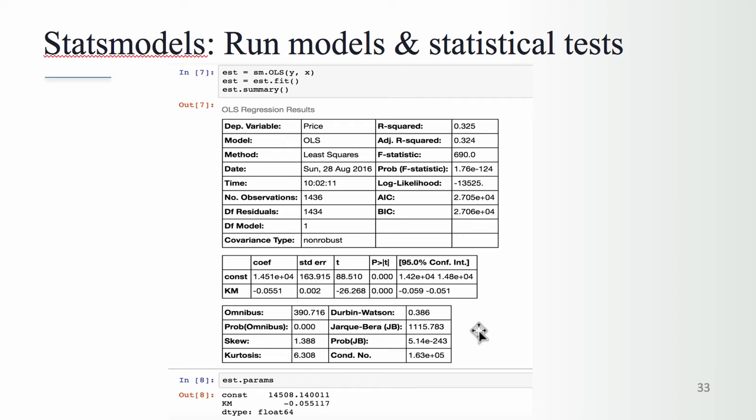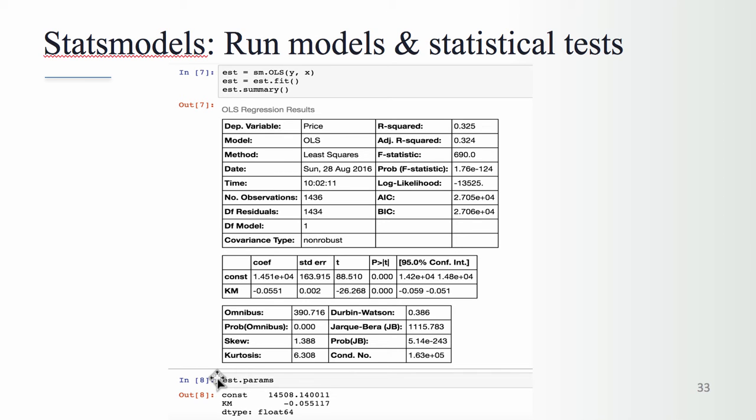And since this is not a math class, not a heavy stats class, I just want to give you a flavor. There are other stats that may be useful if what you do is more statistically oriented, such as skew and kurtosis, which tell you the shape of the distribution. Durbin-Watson talks about serial correlation and things like that. I just want to show you that there are other libraries besides scikit-learn.